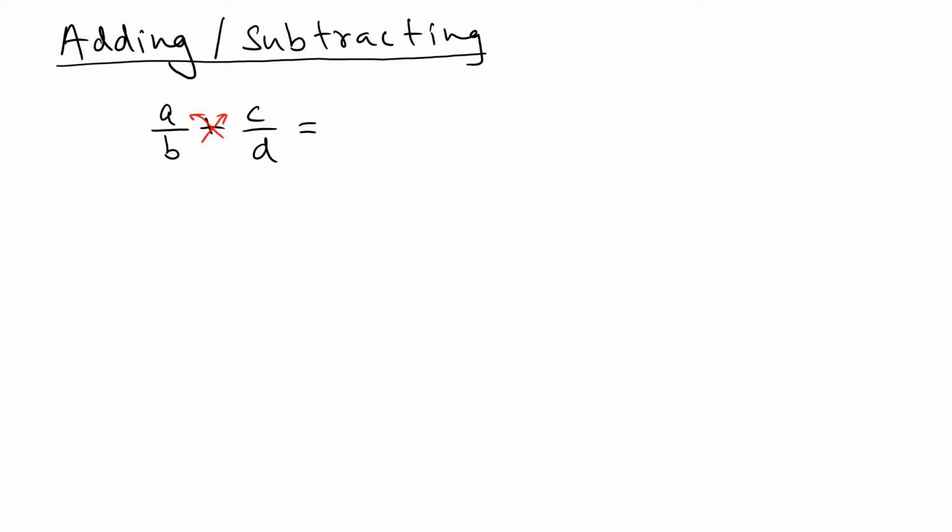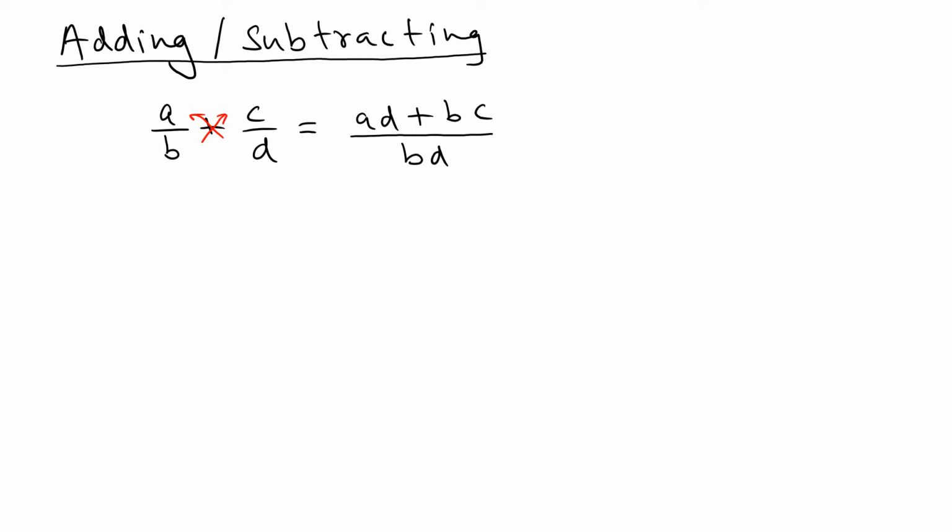That means we're going to get AD plus BC over BD. And you can see that you are exactly going to get this formula if you try to take the common denominator. Because for the first one, you have to multiply by D, the top and bottom. And the second one, you have to multiply by B, the top and bottom. That's why you get AD and BC.